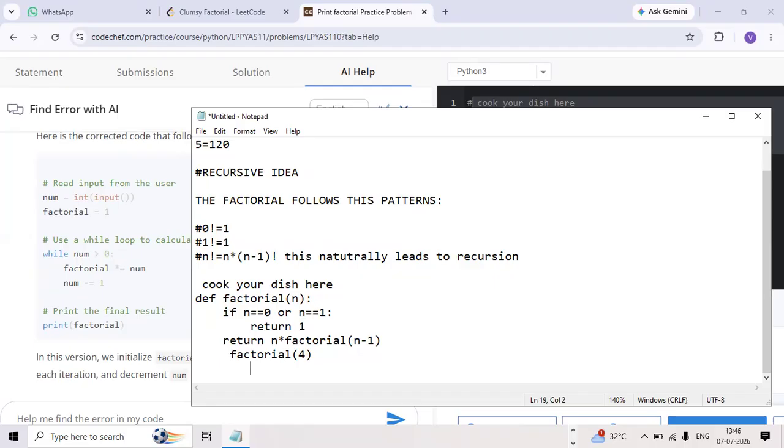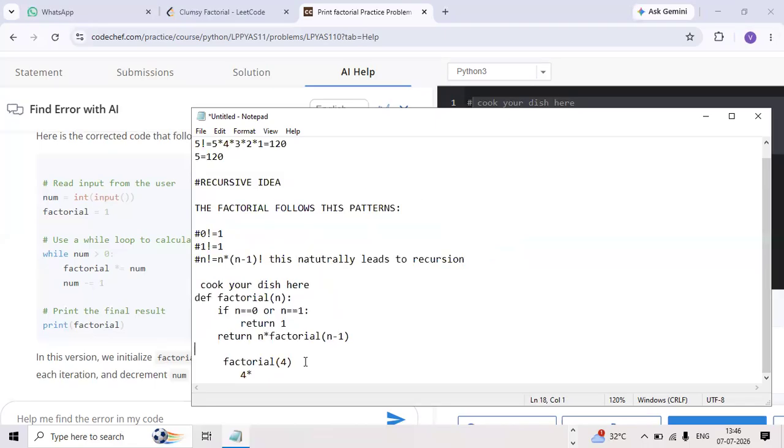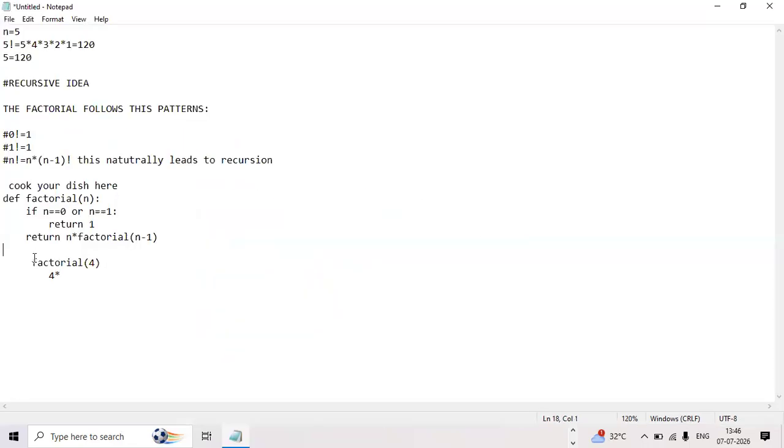So we have to calculate the factorial of 4. 4 is the number over here. This n denotes 4.